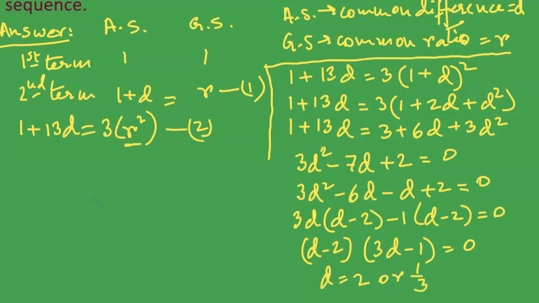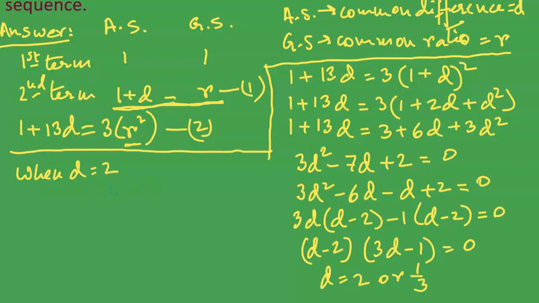Okay, so now we come back to the first equation, 1 plus d equal to r. So when d is equal to 2, r is equal to 1 plus 2, which is equal to 3.